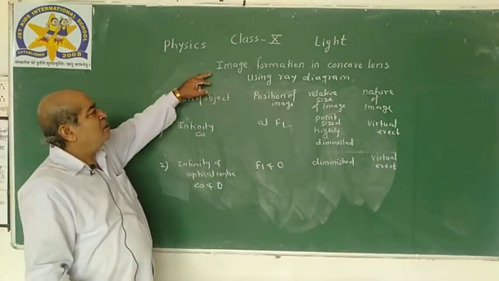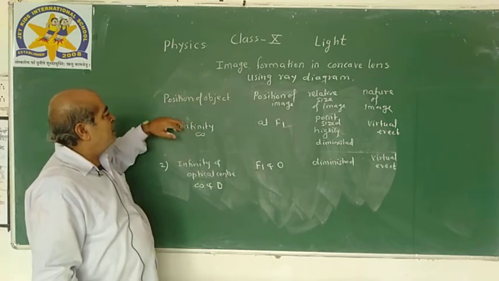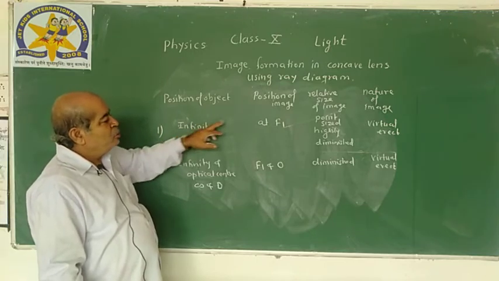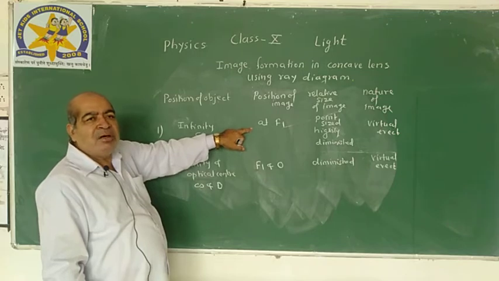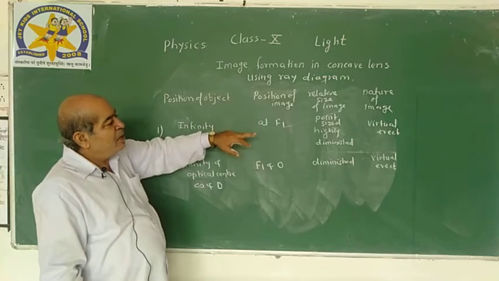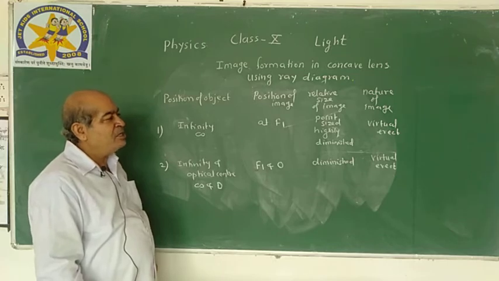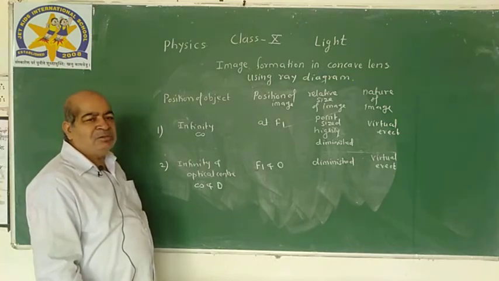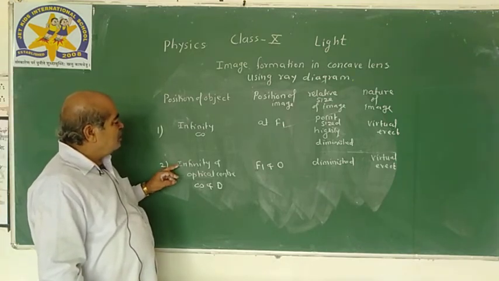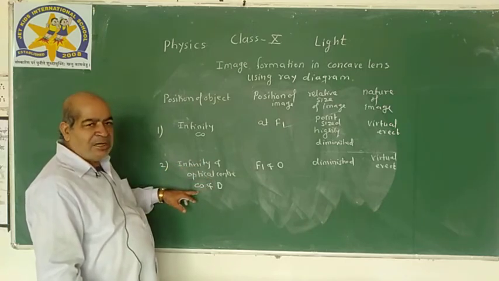So this is the image formation in the concave lens using the ray diagram. First, the position of the object is infinity. The position of the image is at F1, the principal focus on the same side of the object. Relative size of the image is point sized and highly diminished, and the nature of the image is virtual and erect. The second position is when the object is in between infinity and the optical center.